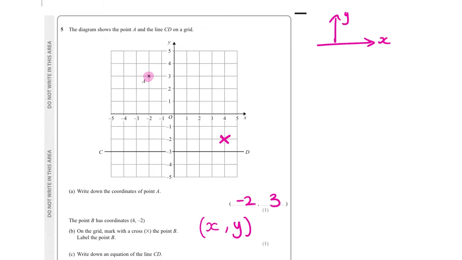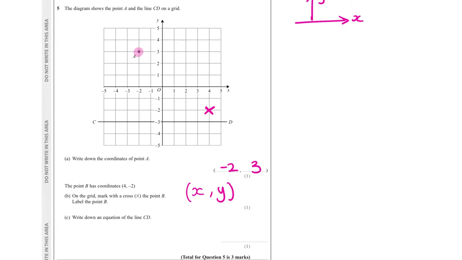It then says write down the equation of the line CD. Have a look at this horizontal line CD. What is the equation of this line? What do we notice about this line? It is a straight line. And look at all the points. Can someone tell me what is this point? -4, -3.